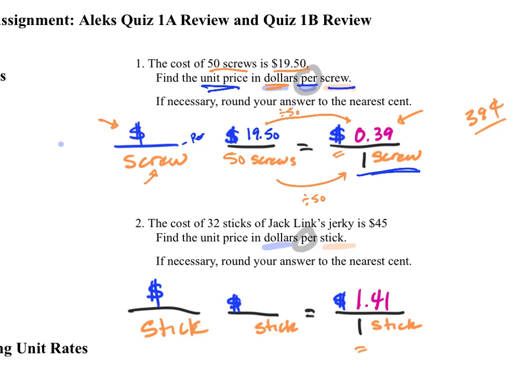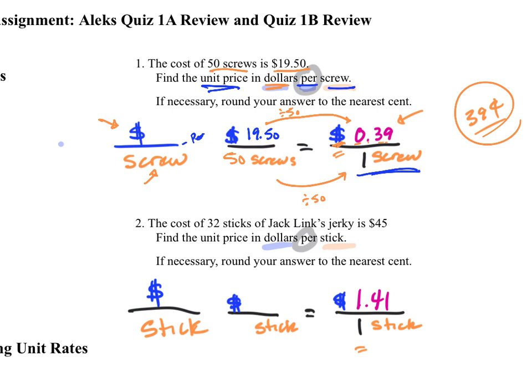And when I divide 19.5 divided by 50, I get 0.39. So the way you'd write it in dollars is you would say this is dollars, dollar symbol up in front, 0.39. That's basically what that means is 39 cents, right?